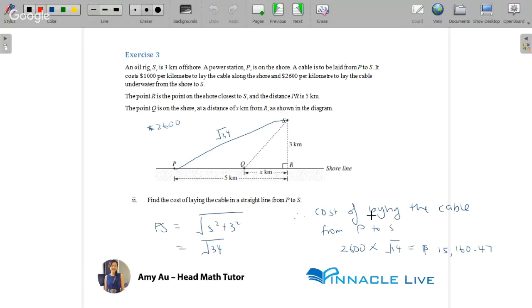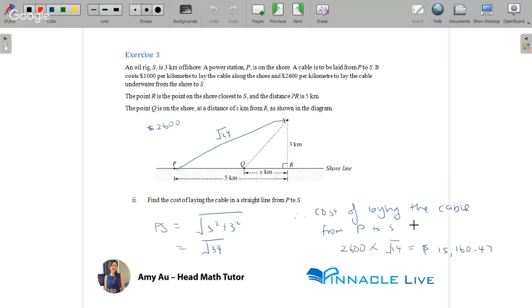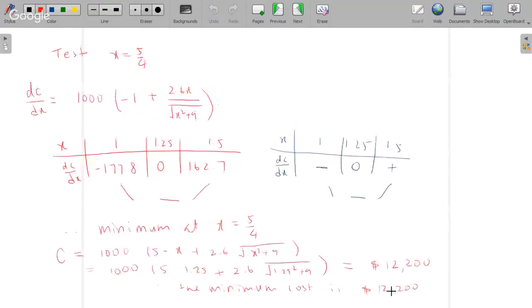If you're feeling extra luxurious and want the cable all the way across directly underwater, that's going to cost you $15,160. So $15,000, $12,800. Then we compare to the minimum cost, $12,200. So you can see that that is the lowest cost, even after having regard to the two extreme cases, which is good. Yeah. So use this type of logic check to make sure your answer makes sense.